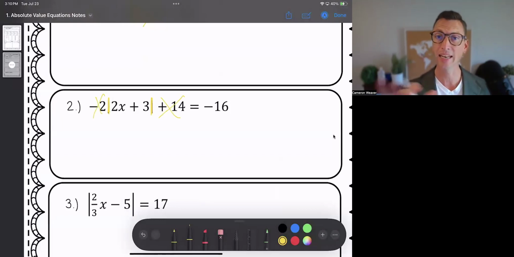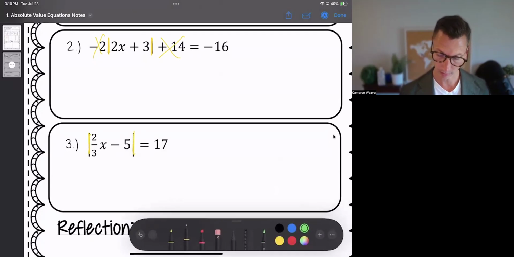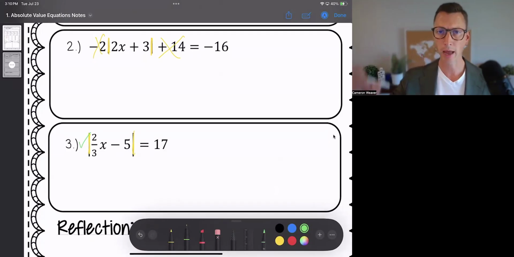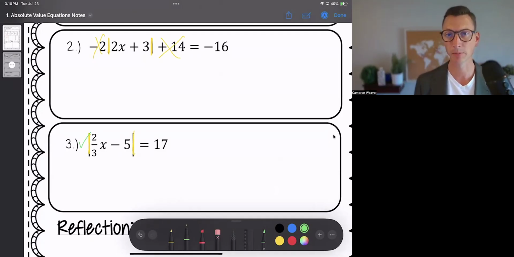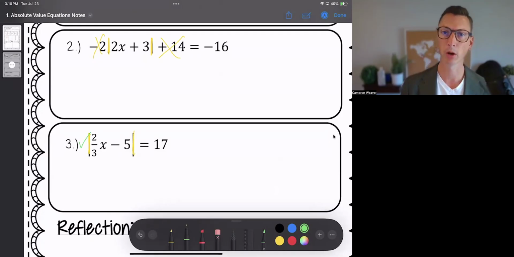Once you accomplish that, now they're isolated. Number 3, here are your absolute value bars. They are already isolated. So you can move straight on to step number 2. I just wanted to very quickly wrap your head around what it means to be isolated and not, because if the absolute value bars are not isolated, then you have to go and accomplish that.